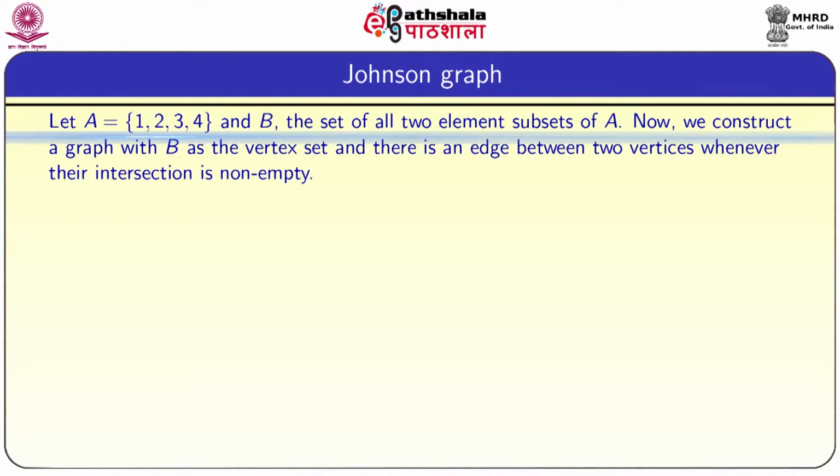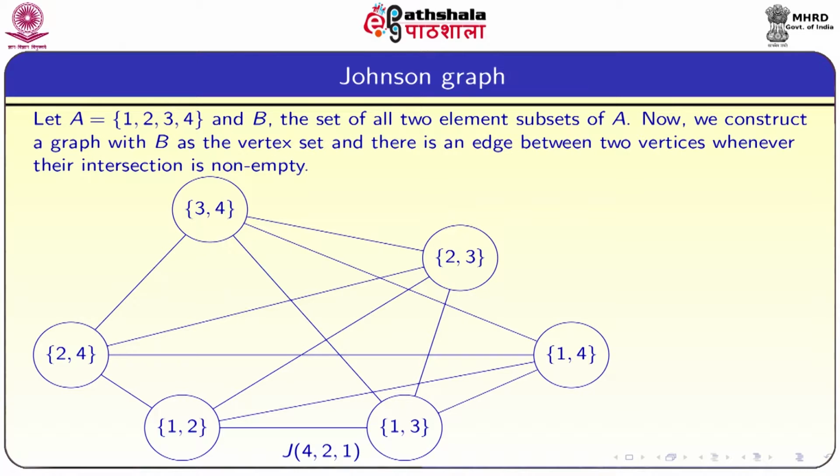So now we are going to give an example of a graph. Let us take A equal to {1, 2, 3, 4} and B the set of two element subsets of A. Now we construct a graph with B as vertex set and there is an edge between two vertices whenever their intersection is non-empty. For example, here we are taking two element subsets of A, that is {1,2}, {1,3}, {1,4}, {2,3}, {3,4} and {2,4}.